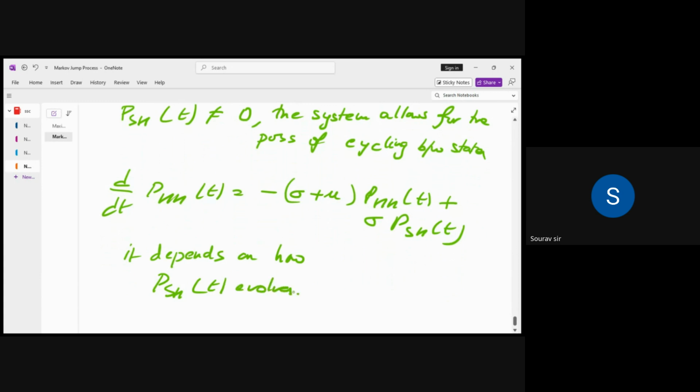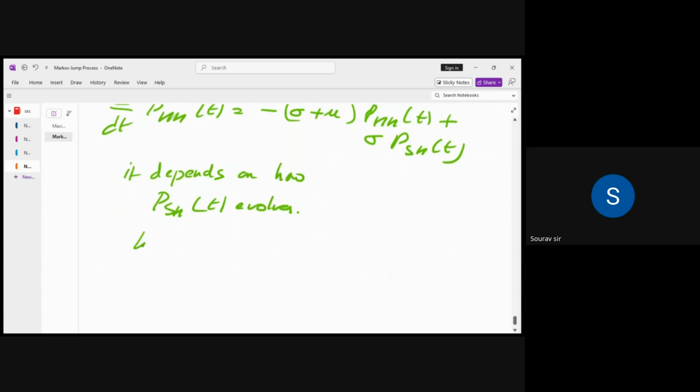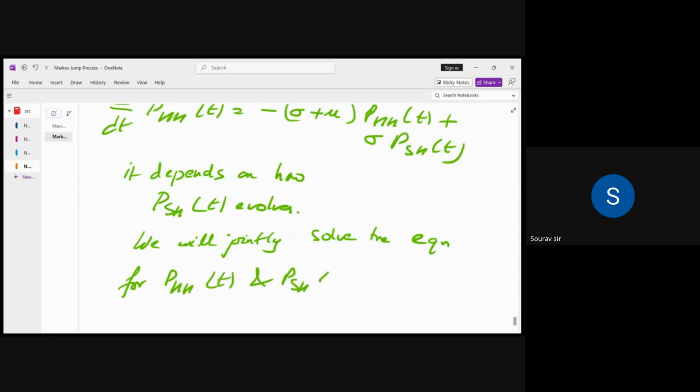Okay. So in this case, we must jointly solve the equations, that is for P_HH(t) and P_SH(t), which will lead to a system of differential equations.